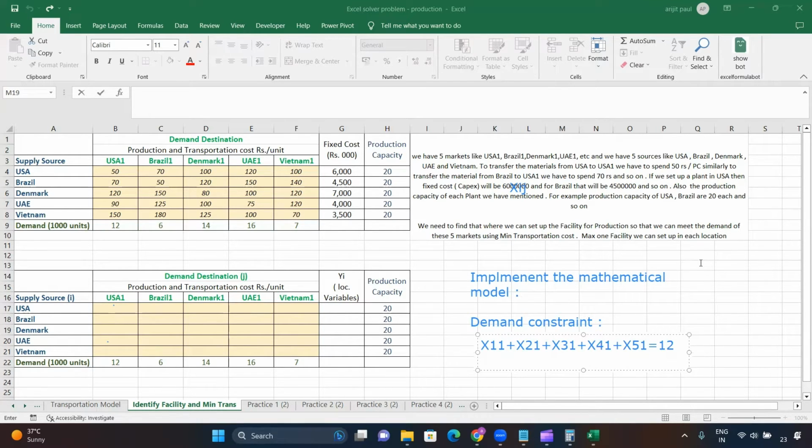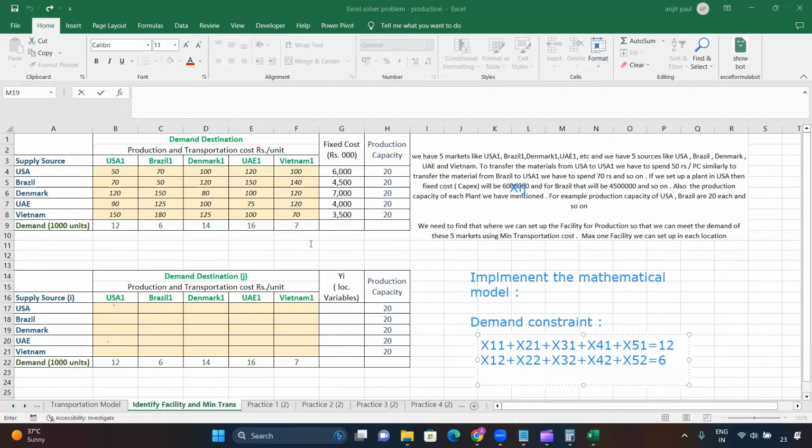Again, this column is X12, plus X22, plus X32, plus X42, plus X52 should be equal to 6. That is the demand of the Brazil market.